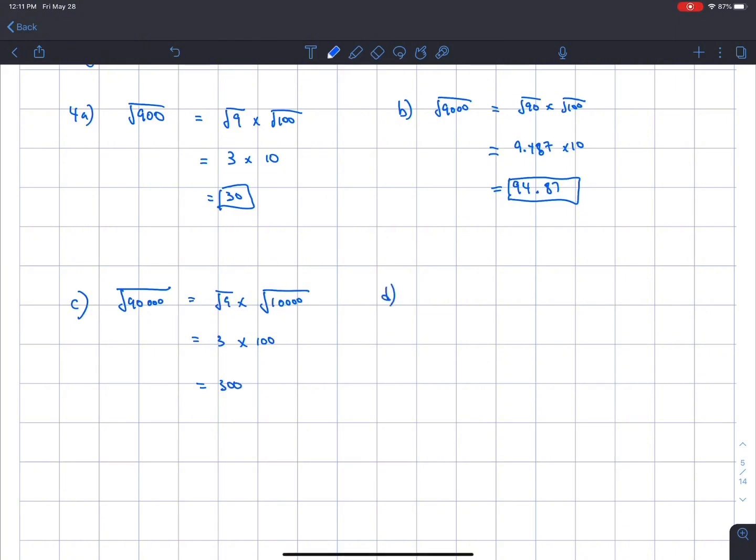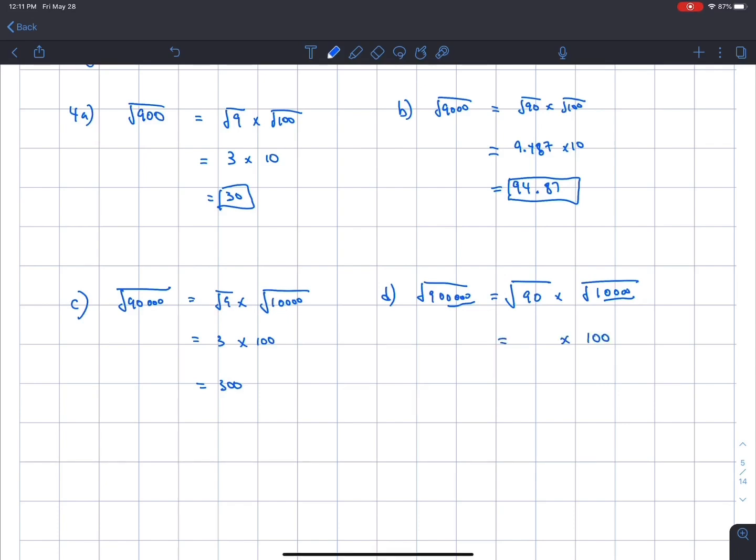D, the square root of 900,000. This will be the square root of 90 times the square root of 10,000. So again, I'm just taking these 4 zeros out, because the square root of 1 with 4 zeros is just 1 with 2 zeros.